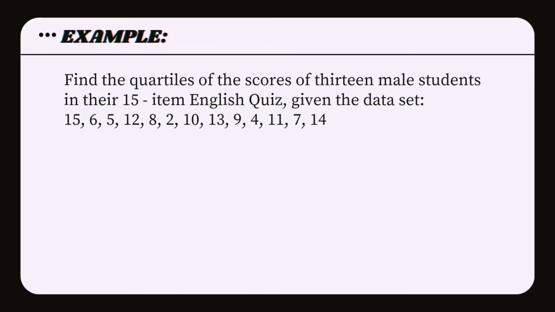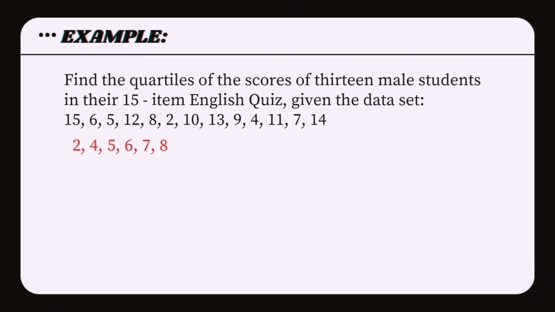Before we move on to the solution, let's first arrange the dataset into ascending order. And we have 2, 4, 5, 6, 7, 8, 9, 10, 11, 12, 13, 14, and 15.